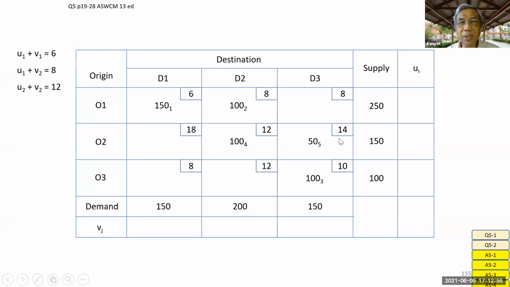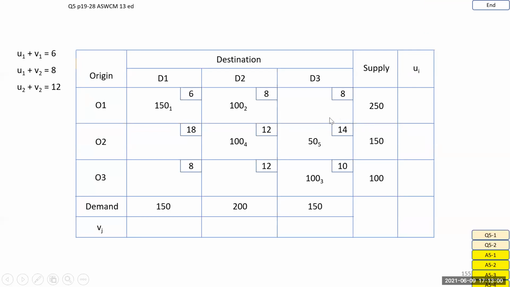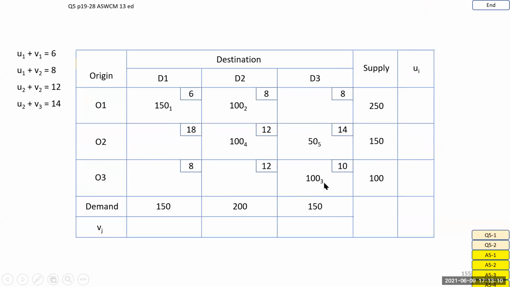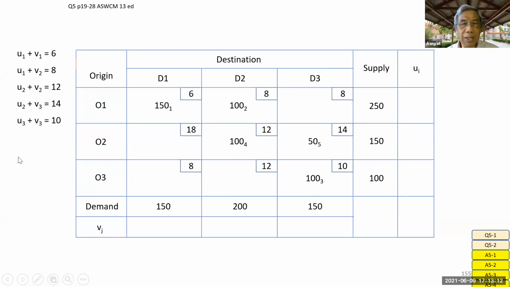And U2 plus V3 equals 14. Then row 3: U3 plus V3 equals 10. And we are going to find the values of U1, U2, U3, V1, V2, V3.